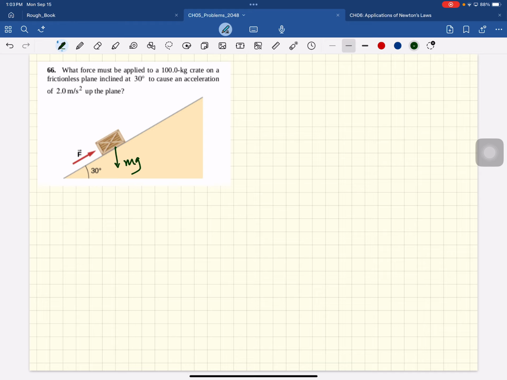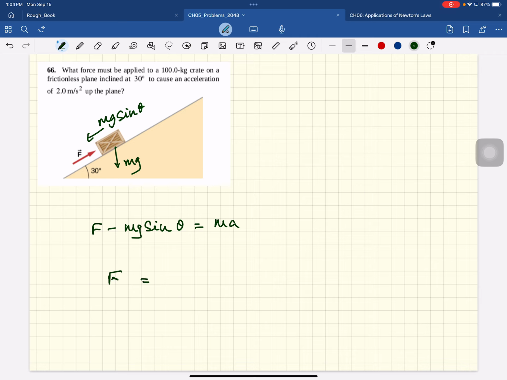And you guys know from your notes that component is mg sine theta, where theta is this angle. So the net force in that direction is F minus mg sine theta. And that's equal to mass times the acceleration of the crate. And this acceleration is given, so you can calculate the force.